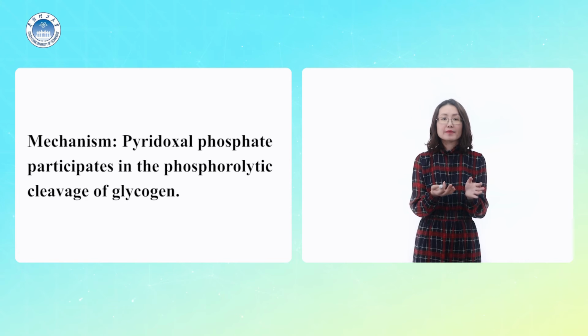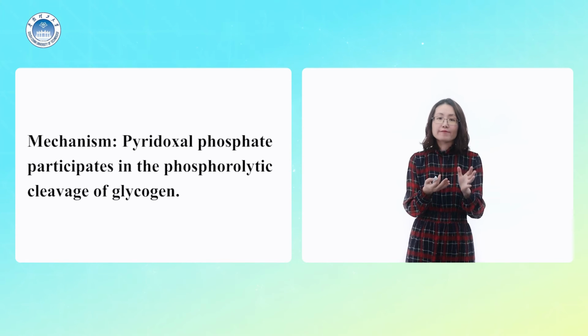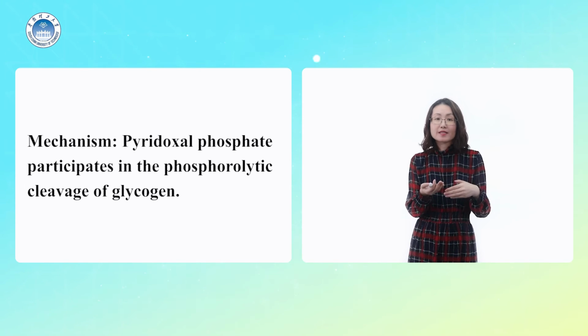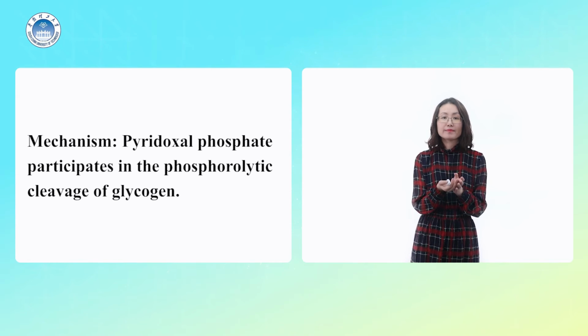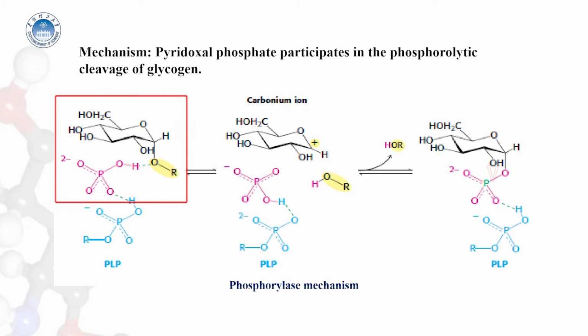The mechanism is a paradox: phosphate participates in the phosphorolytic cleavage of glycogen. A bound hydrogen phosphate group, shown in red here, favors the cleavage of the glycosidic bond by donating a proton to the carbon-4 oxygen of the departing glycosyl group, shown in black here.